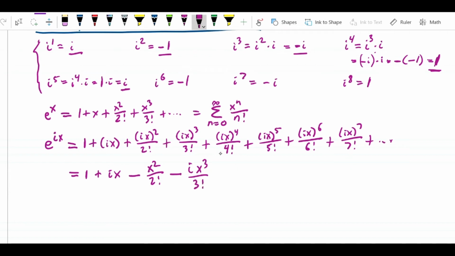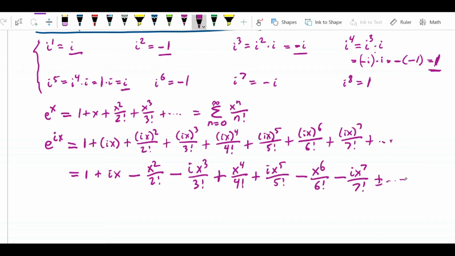And then i to the 4th is just 1, so this is going to be x to the 4th over 4 factorial. i to the 5th is i, so this is going to be plus ix to the 5th over 5 factorial. i to the 6th is negative 1, so this is going to be minus x to the 6th over 6 factorial. And i to the 7th is negative i, so this is going to be minus ix to the 7th over 7 factorial. And we keep going.